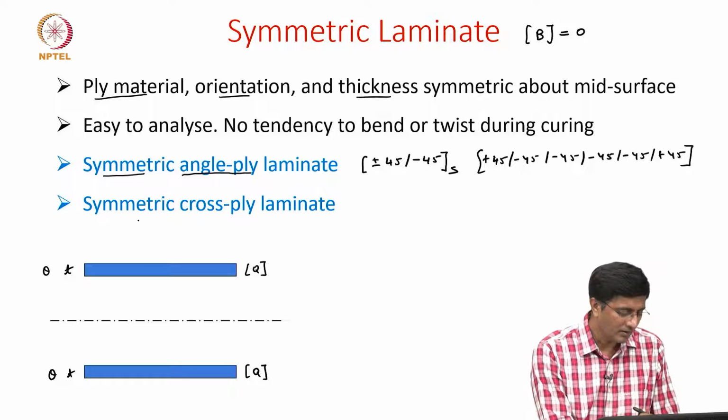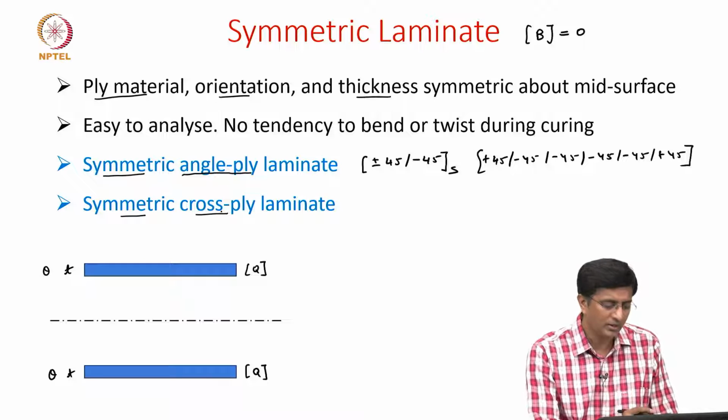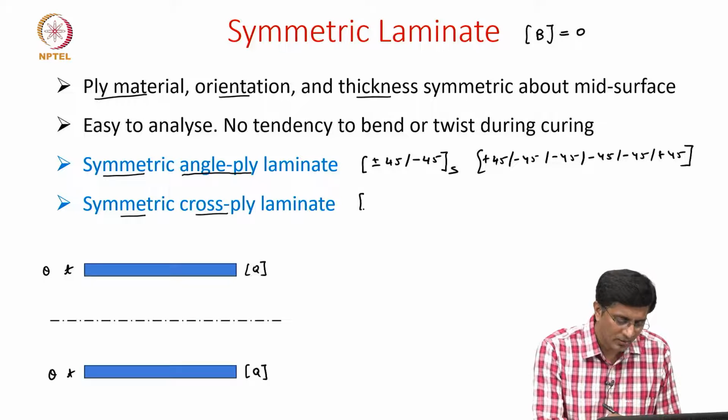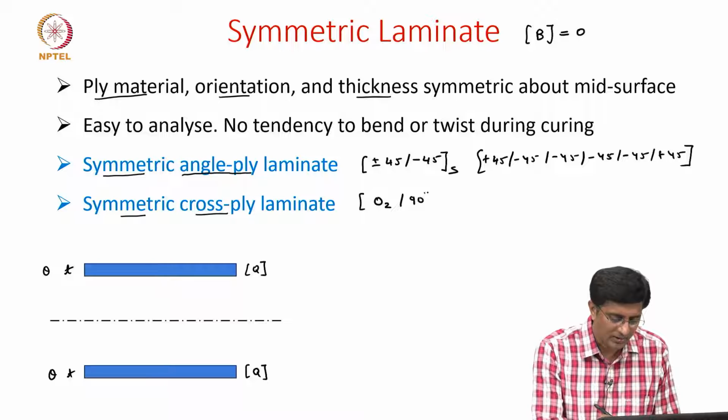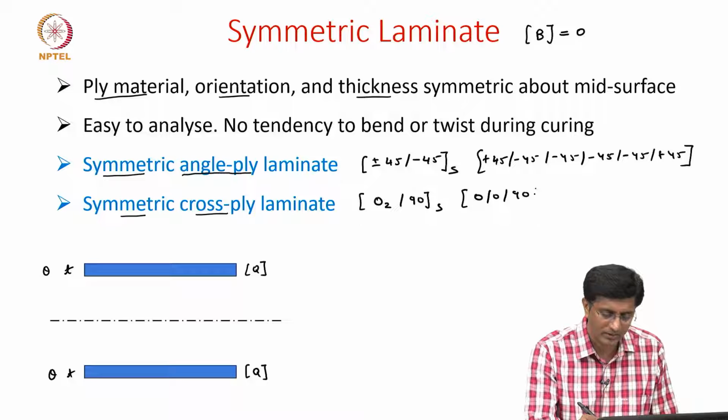And regarding the symmetric cross-ply laminate, the only difference is instead of theta we'll be using 0 and 90. So let's again look at an example. Let's say 0 squared, 90, and it is symmetric. If I have to expand, it will be 0 0 90 90 0 0.